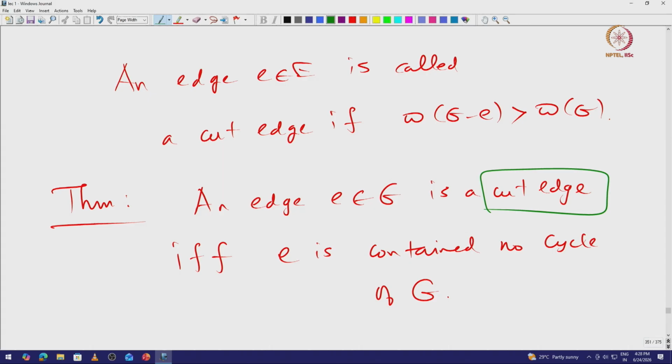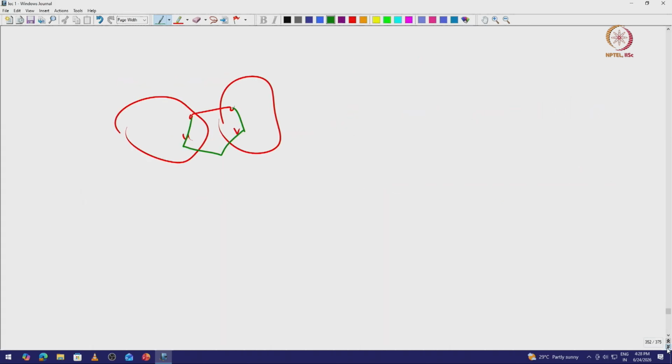Okay, so this pictorial proof tells you already how to prove this. So, maybe I will leave it to you to write a rigorous proof for this fact. So, now using this one can give the characterization of a tree in terms of cut edges. So, you can prove that a connected graph is a tree if and only if every edge is a cut edge.